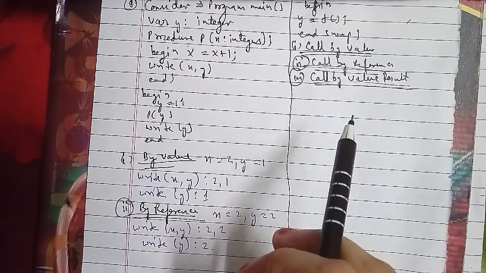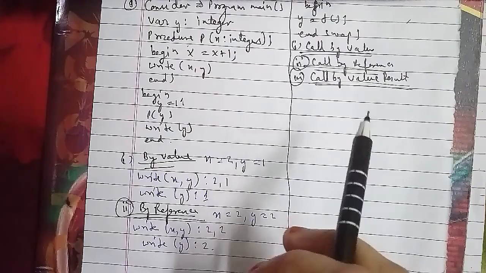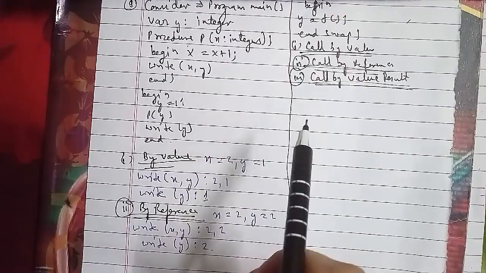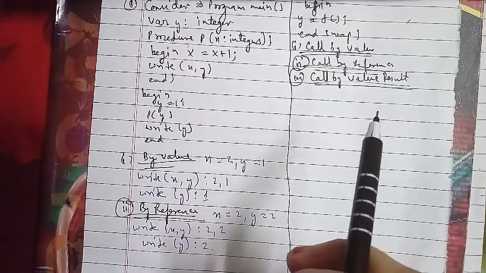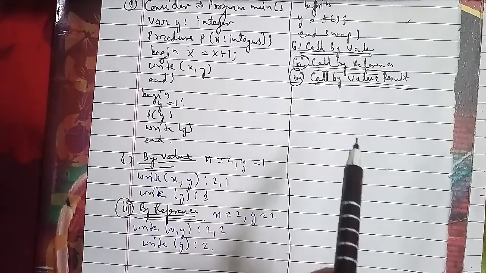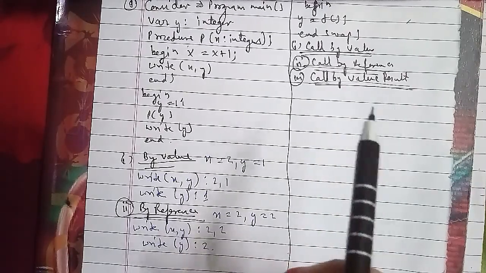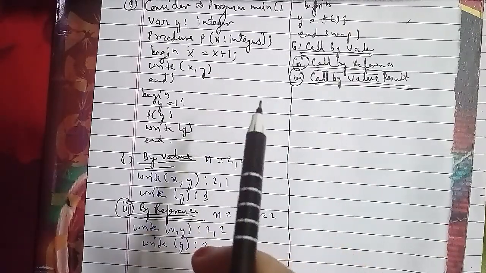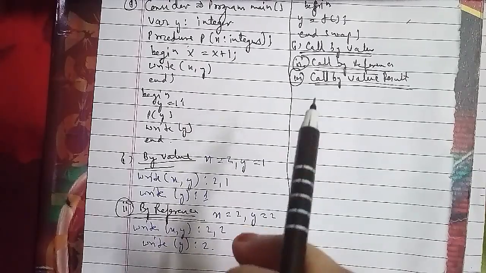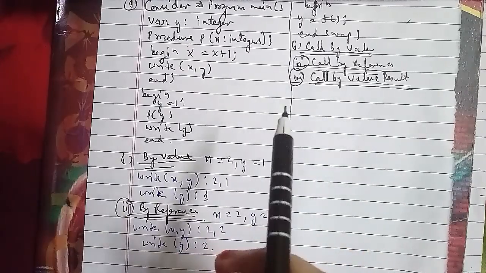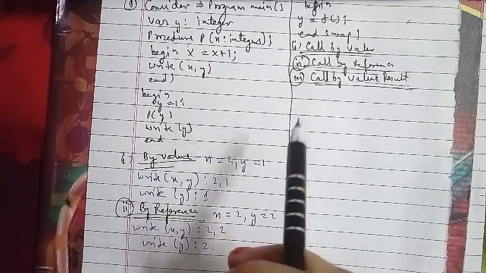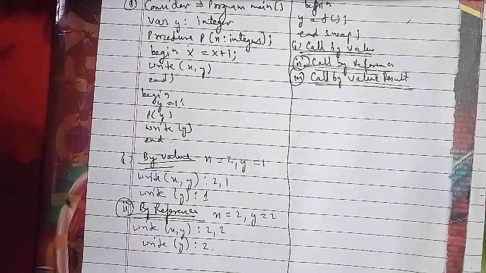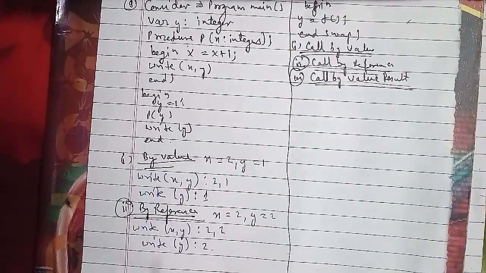Let's go ahead with another question, where we have to consider the following procedure: procedure swap x comma y integer, var t is integer, begin t equals x, x equals y, and of course y equals t here.